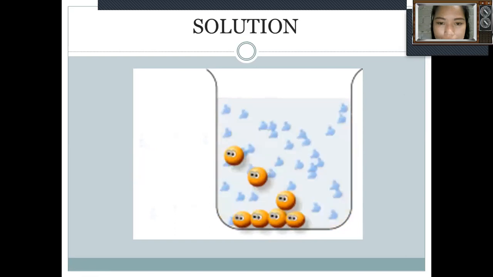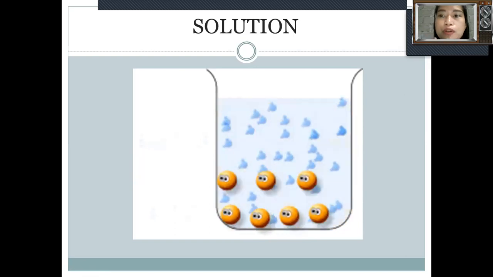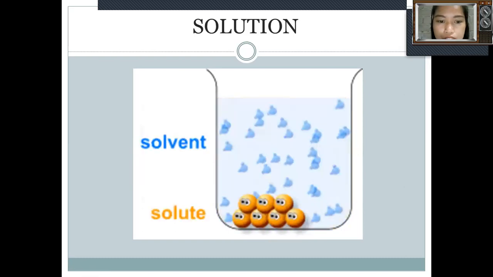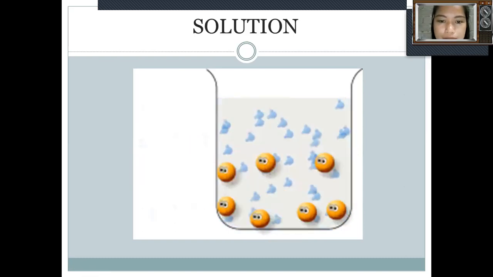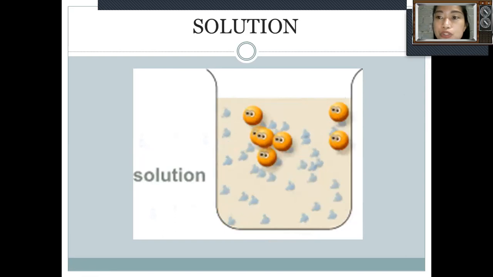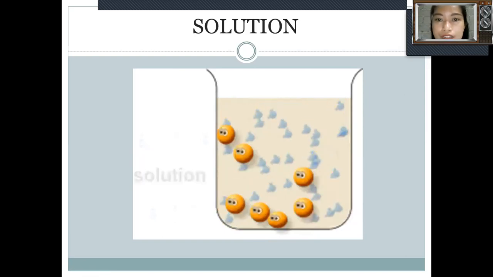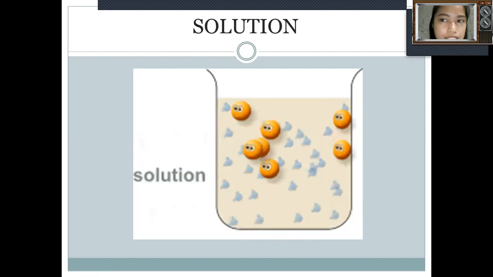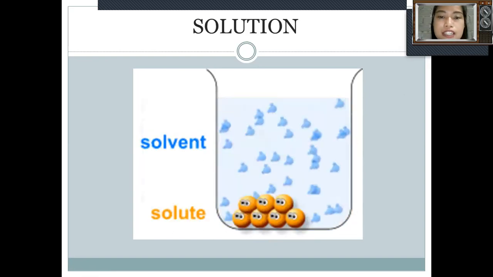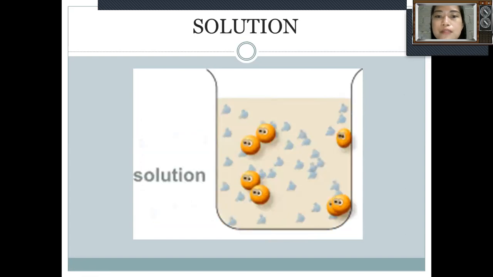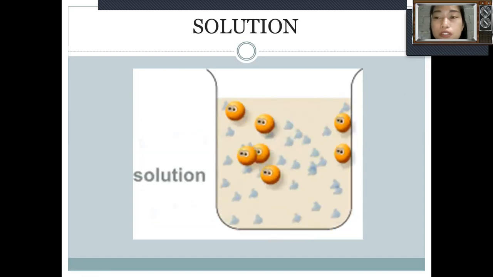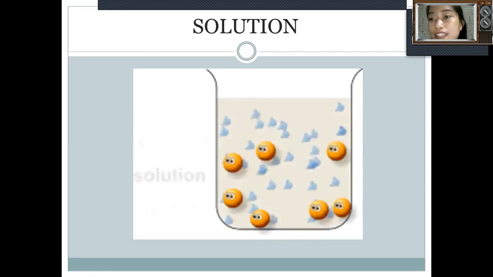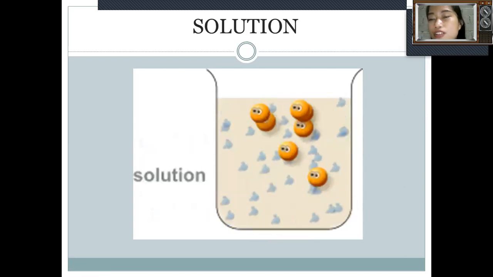A solution has two main components, the solvent and the solute. So as you can see, if the two combine, the appearance will change, not dramatically, but for example, the sugar and the water, you will no longer see the particles of sugar.